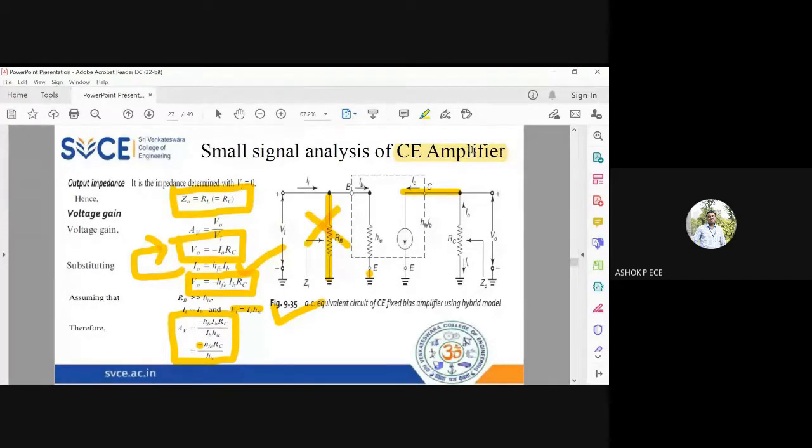No, it is still voltage gain only. This minus sign indicates that the input and output of the common emitter amplifier are out of phase by 180 degrees. This is the expression for voltage gain AV. See here, the voltage gain depends on RC. So the larger the value of RC, the voltage gain is going to be very good.